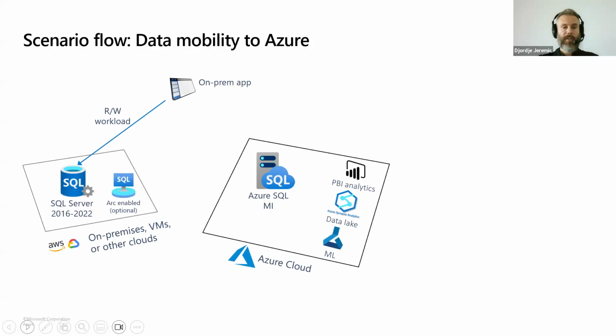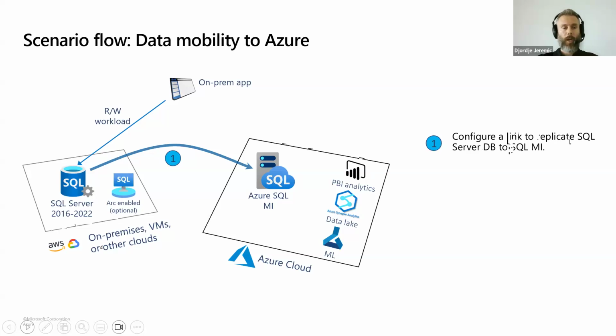So let's first see how to do data mobility to Azure. You are running your SQL Server somewhere on-prem or elsewhere in a different cloud or on a VM, and you have your app pointing to your SQL Server running some read and write workload. To take advantage of Azure, you create this link to initiate a replication of one or more of your databases to Azure SQL MI.